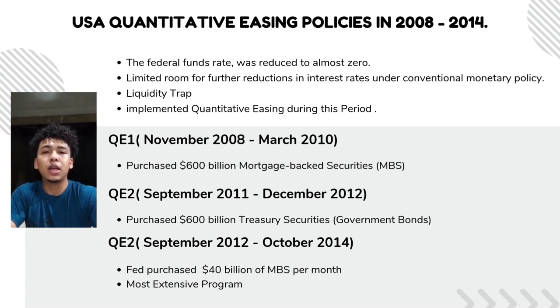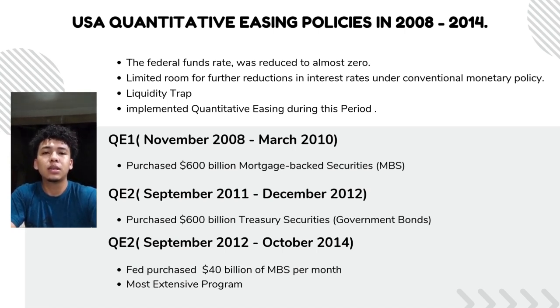From 2008 to 2010, they purchased 600 billion of mortgage-backed securities. From 2011 to 2012, they purchased 600 billion of treasury securities. And from 2012 to 2014, they purchased 40 billion of MBS, which is mortgage-backed securities, per month. This was the most extensive program they had implemented.